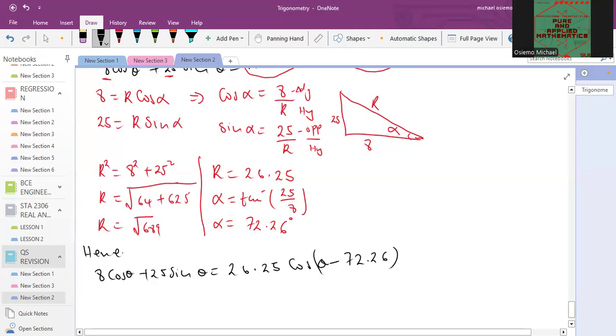Like that. So we are being told to solve 8 cos theta plus 25 sin theta equals 2.